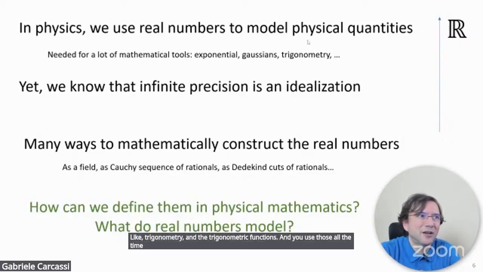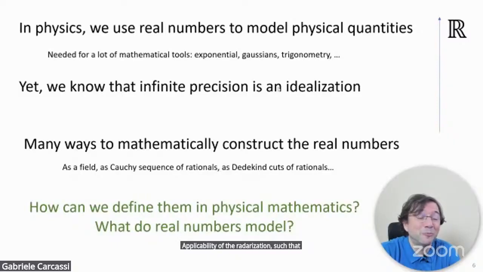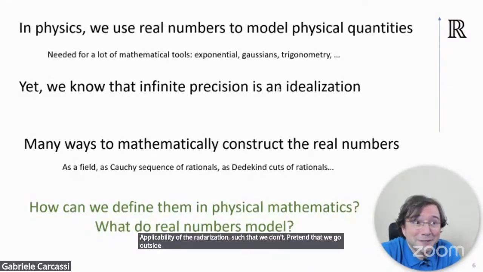So yes, it's going to be an infinite precision. Infinite precision is an idealization. We just need to understand what is the realm of applicability of that idealization, such that we don't pretend that we go outside of the space. Right? That's basically what we want.